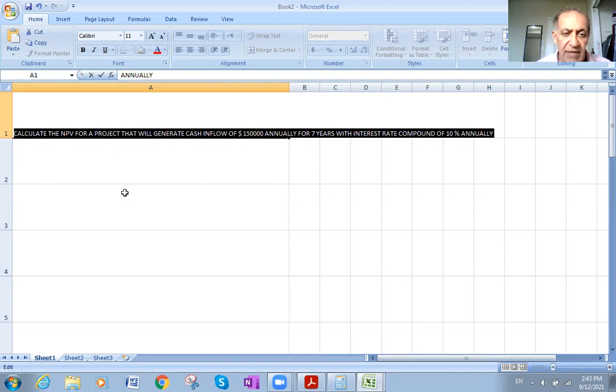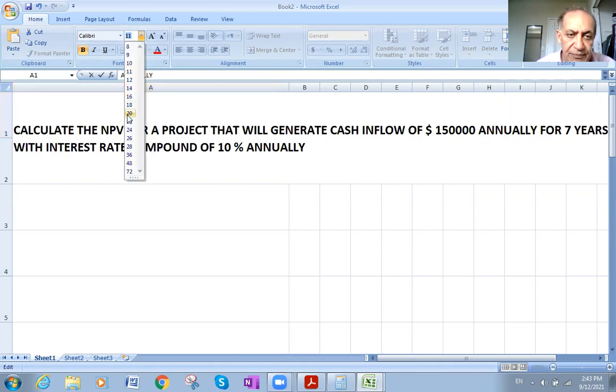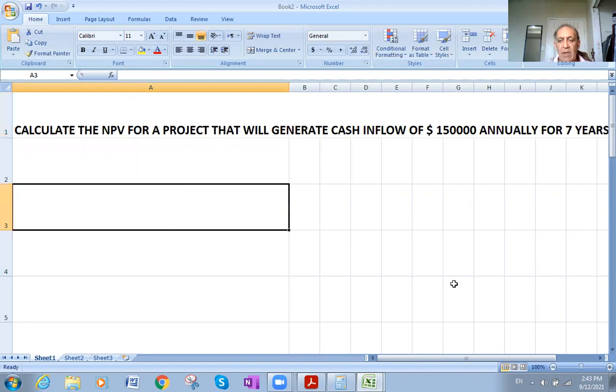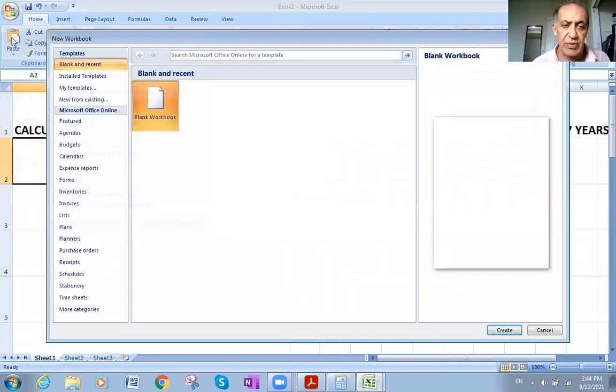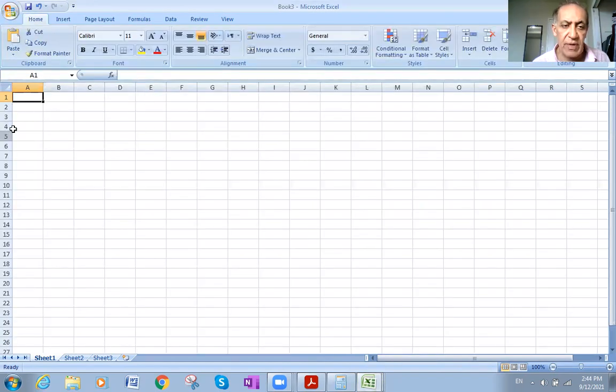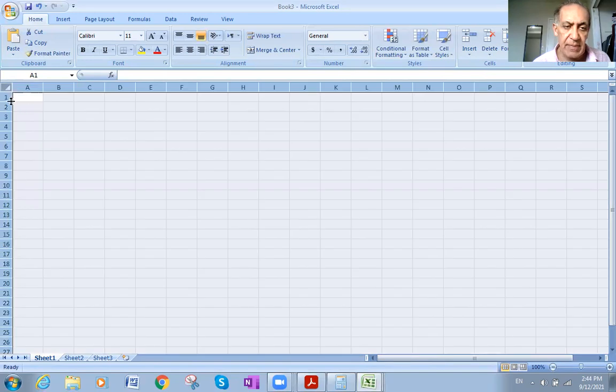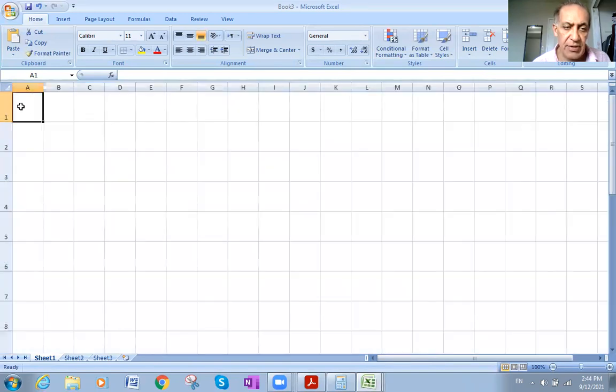Just to give you an idea, it means you will take the 150,000 and repeat it 7 times. If you start solving, you will get a new page for yourself, for example on book 3. The first year yields 150,000, like we said in the example.